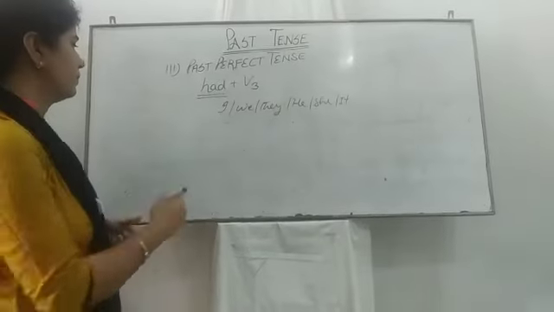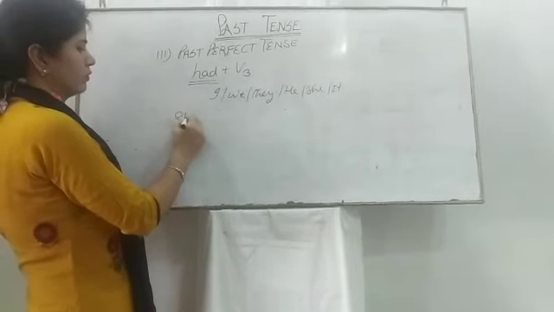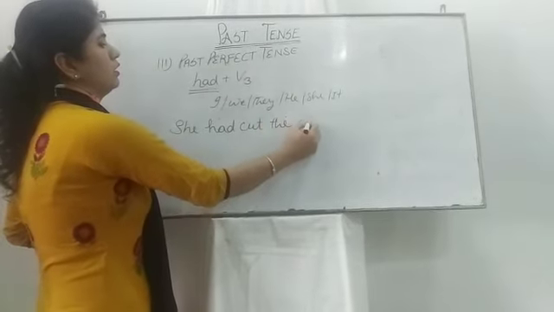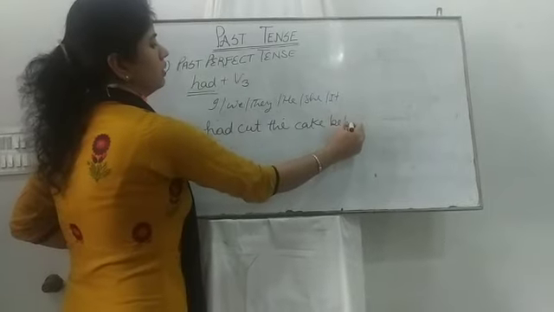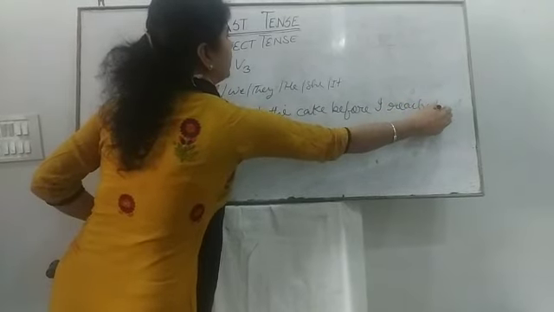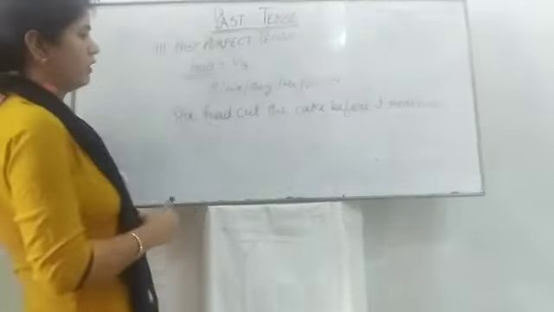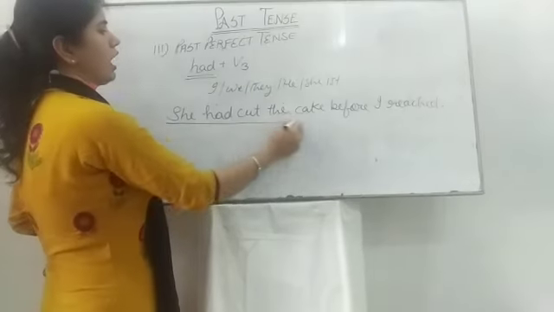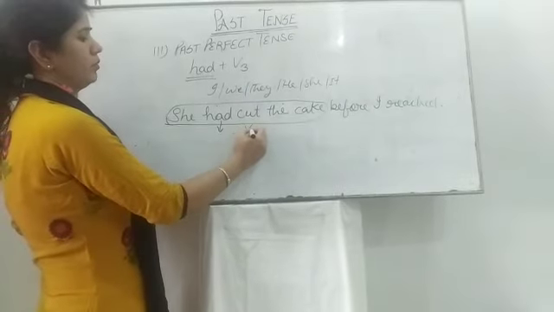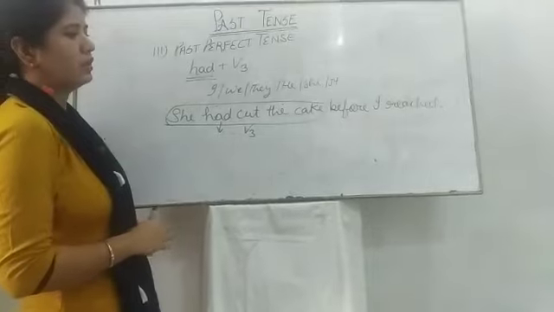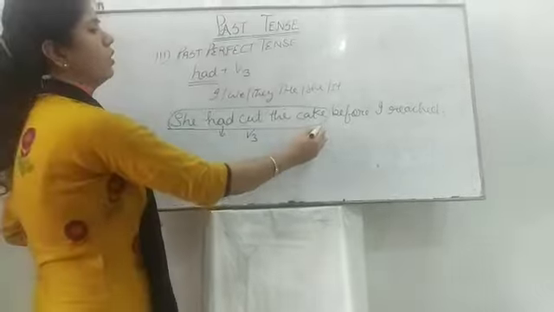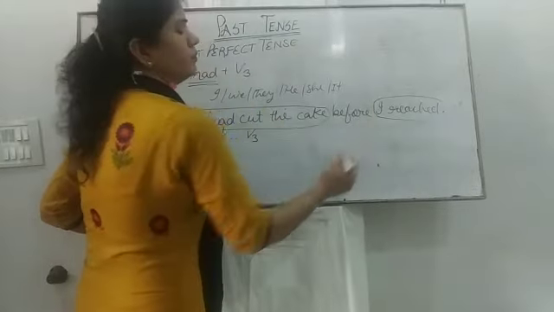For example, she had cut the cake before I reached. Here the first activity is she had cut the cake, and we have used had plus verb's third form, and the activity has gone over before the other activity.